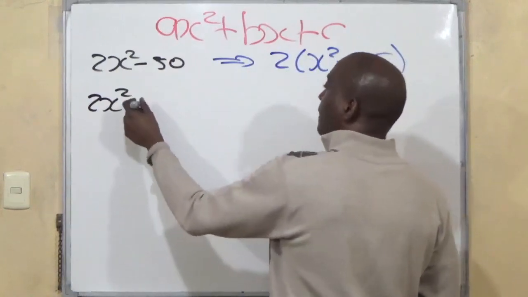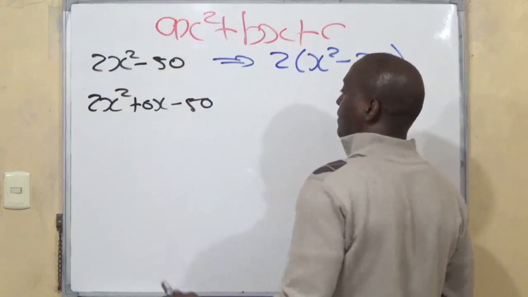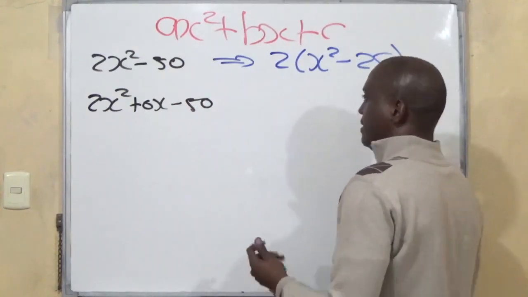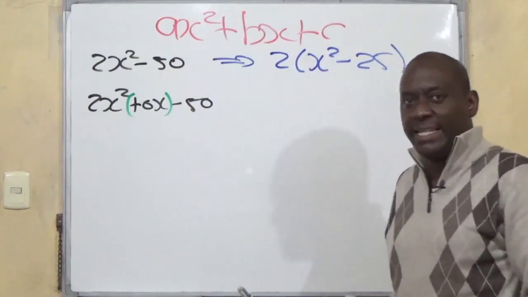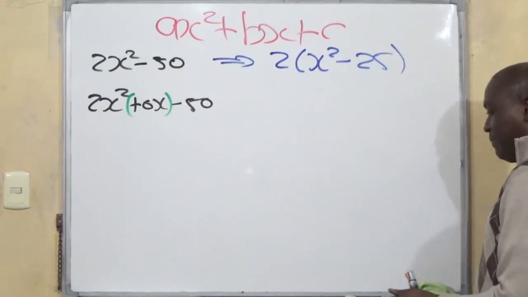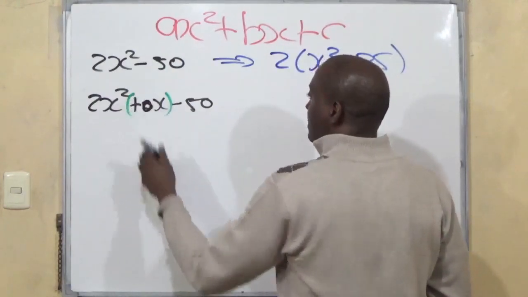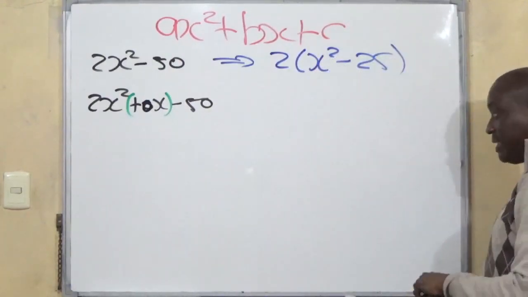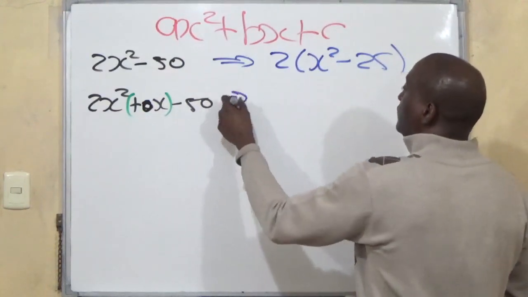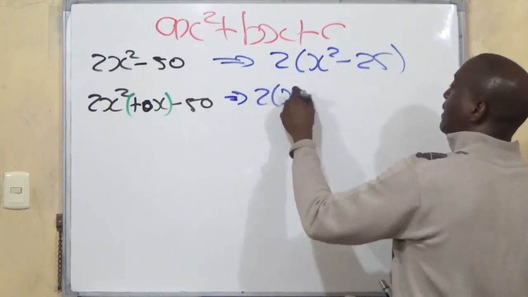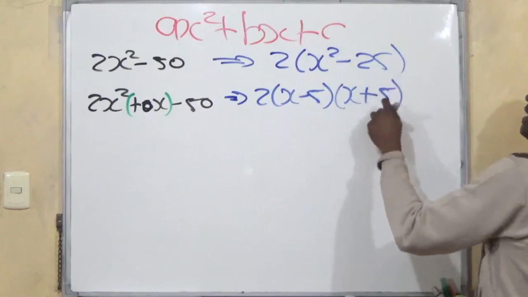I put this in brackets here because we don't really add in anything, right? 2x squared plus 0x minus 50. We factorize that using the AC method, and we actually got 2 into x minus 5 into x plus 5.